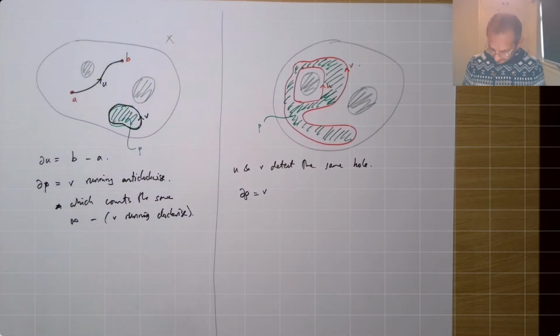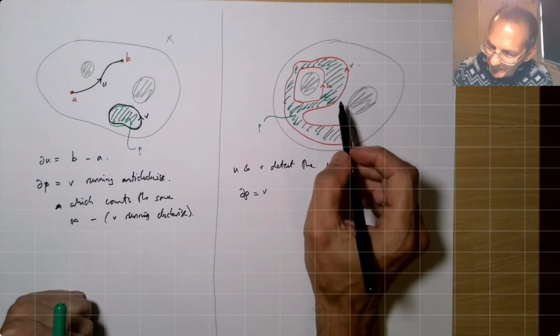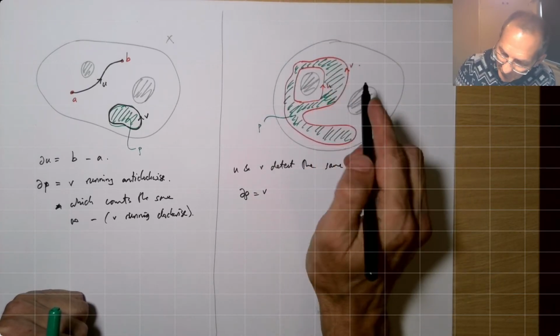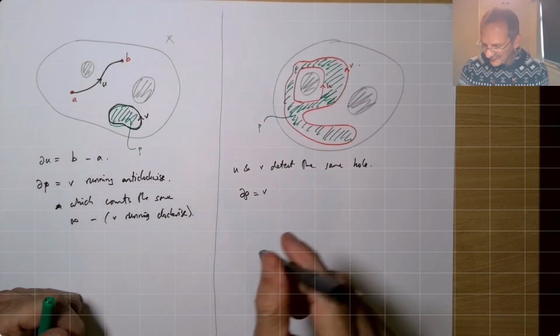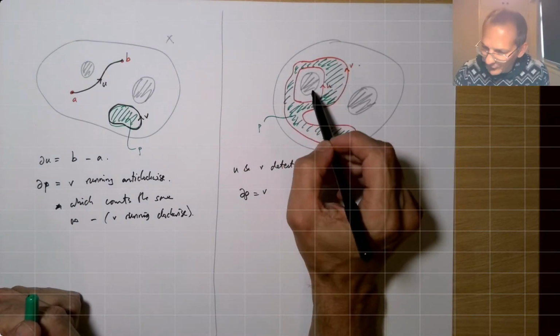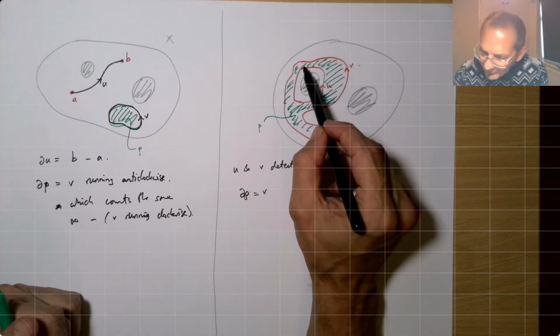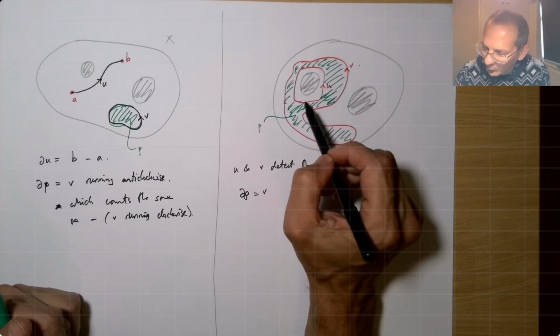Okay, so we go around the boundary here, keeping the region on our left. That gives V. But then the other thing that we have to do in the other part of the boundary is this U. And if we keep the region on our left, then we have to go in the opposite direction. We have to go clockwise.